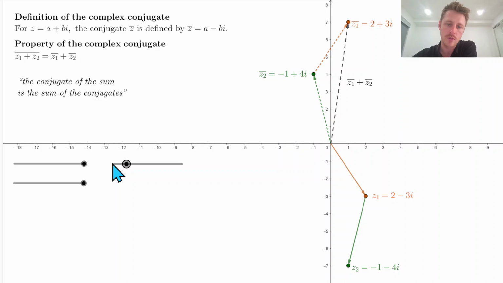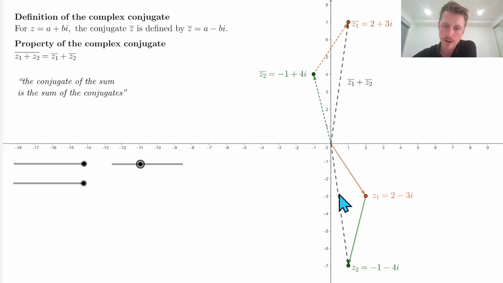Now let me show you a few things. I think you would agree that z1 plus z2, remember vector addition is commutative, so it doesn't matter which order we do things in. So z2 plus z1, same thing as z1 plus z2, is this black vector here, right? But what's really cool, you'll notice, is this vector down here.